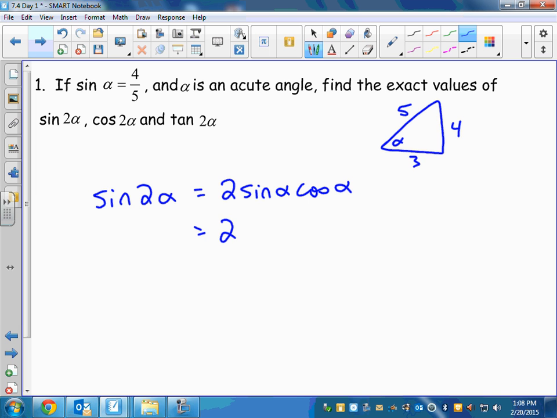The sine of alpha using my triangle is 4/5. The cosine would be 3/5. And remember, you can multiply on your calculator. By multiplying fractions, you just do top times top, bottom times bottom. So 2 times 4 is 8, times 3 is 24, and 5 times 5 is 25.